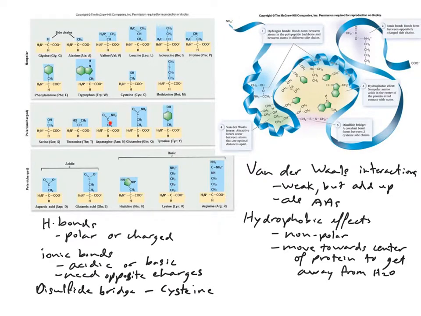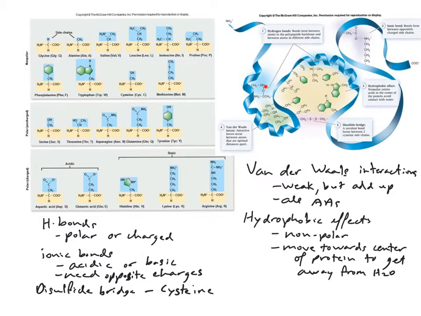For example, if we take a look at asparagine here, this carbon double bond oxygen could make a polar bond. That oxygen would have a negative dipole. It could make a polar bond with the hydrogen over here of a glutamine that has a positive dipole. And we can see that over here in these hydrogen bonds right here. So this would be a hydrogen bond.